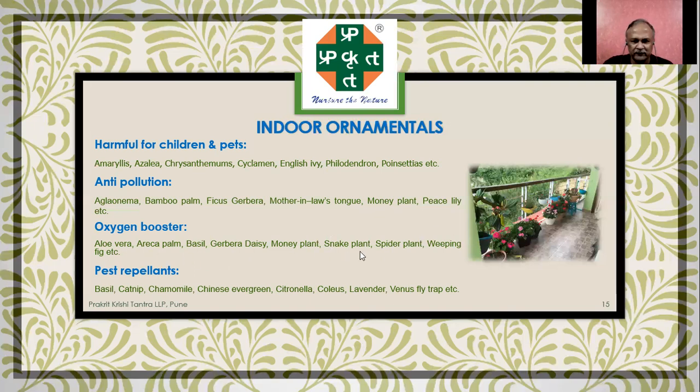And again, a few examples only are mentioned here. As I said earlier, certain plants are also helpful in repelling the pest. It may be flying insects or maybe crawling insects or other kinds of pests.